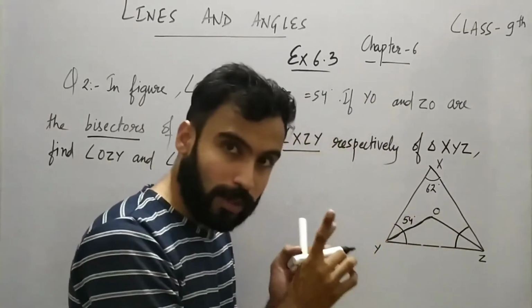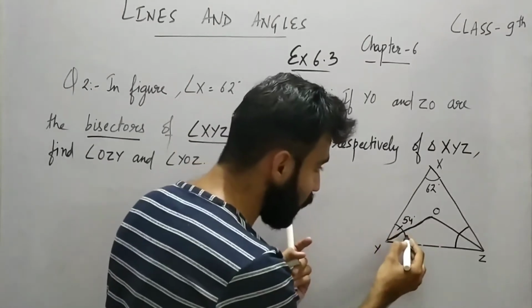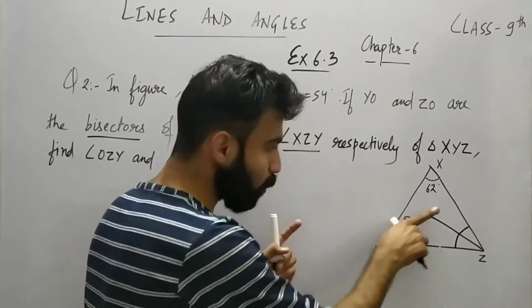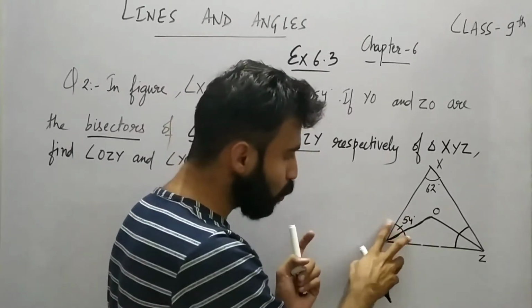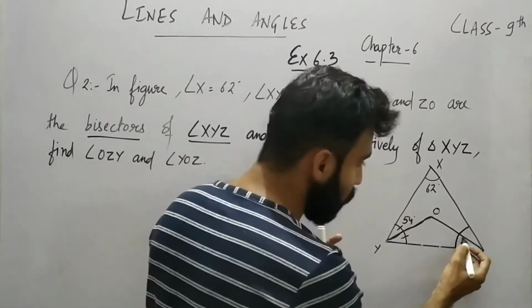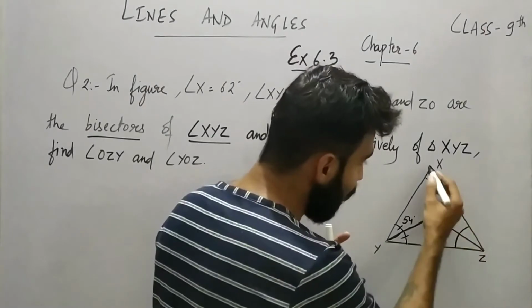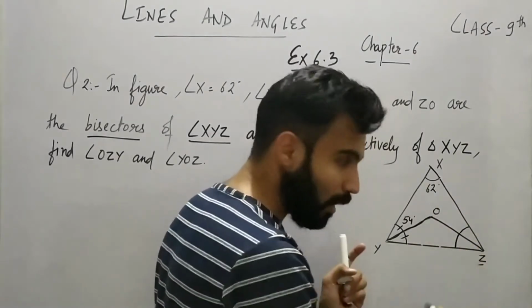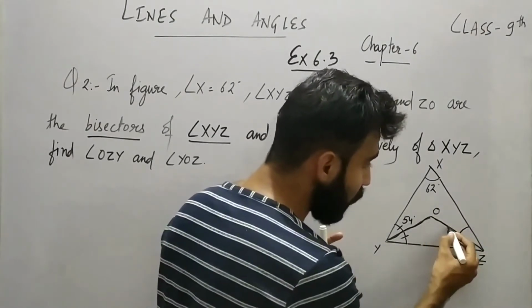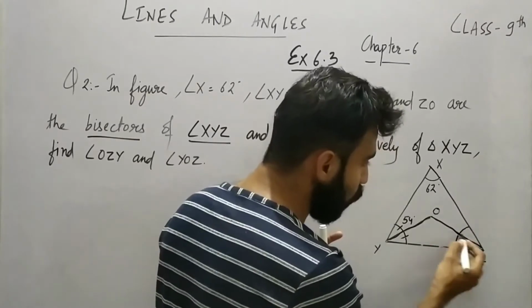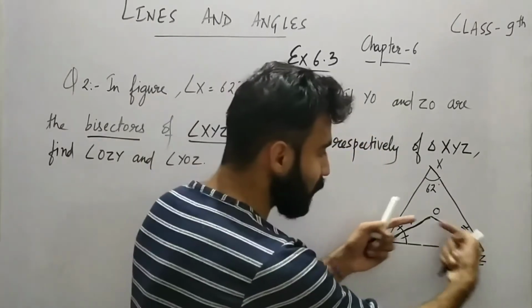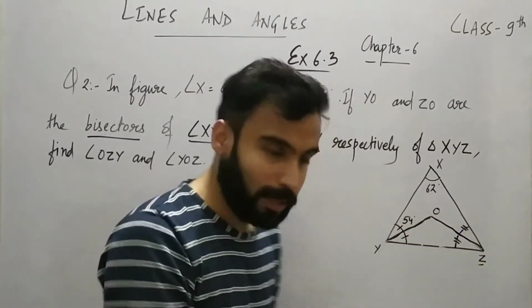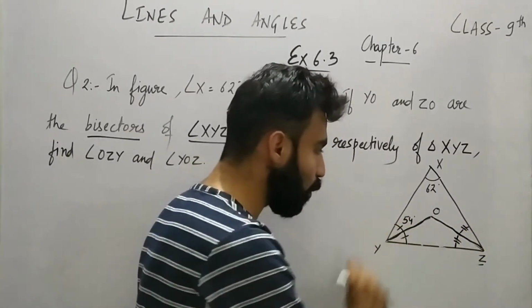You all know what bisected means: divided into two equal parts. That means this ray is dividing this 54 degree angle into two equal parts. Similarly, this angle XZY, or Z angle, is also divided by the ray ZO into two equal parts. So these are the bisectors of both the angles, dividing each angle into two equal parts.